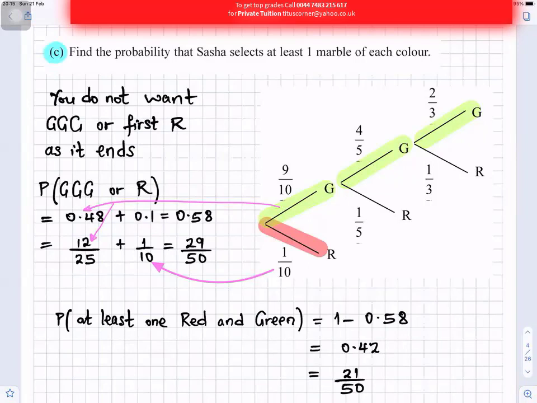You add the two together, you get 29/50 or 0.58. So the probability of at least 1 red and green is 1 minus 0.58. It gives you 0.42.